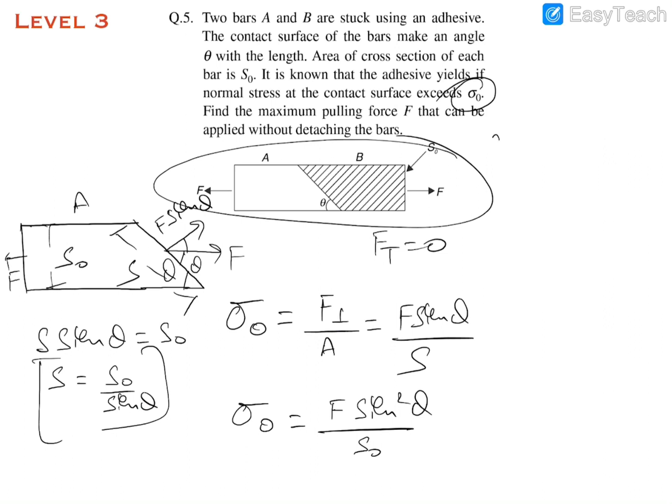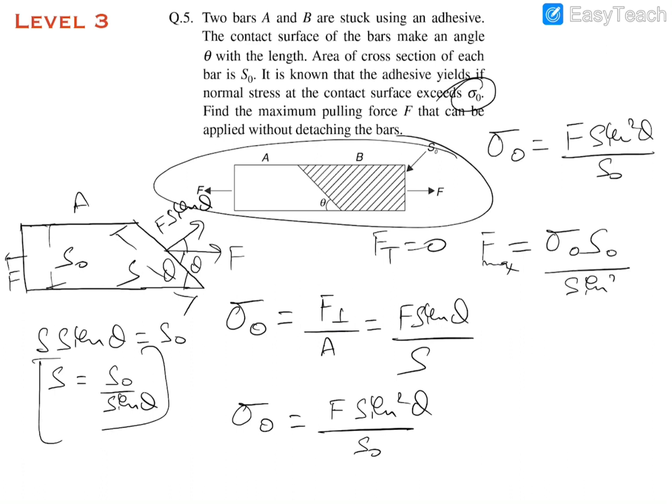So the maximum F can be written as sigma naught S naught upon sine square theta. This is the value of the maximum force which this adhesive can bear without yielding.